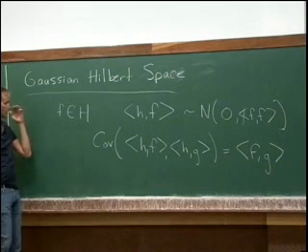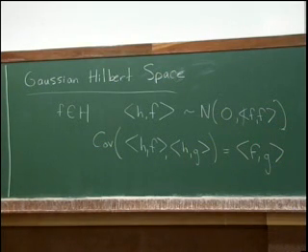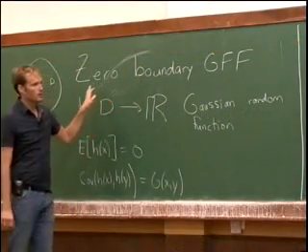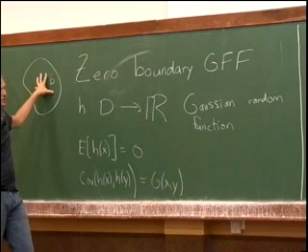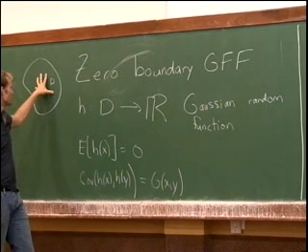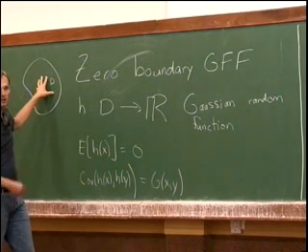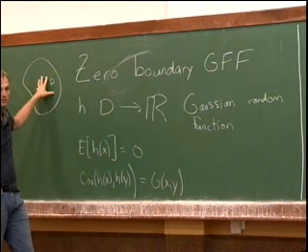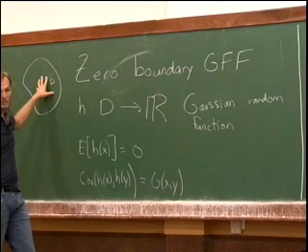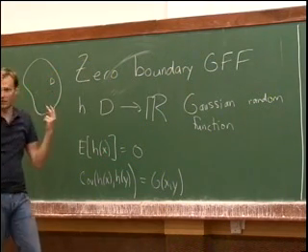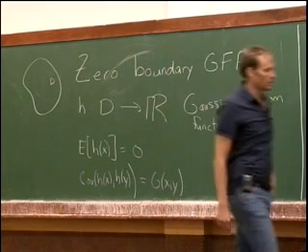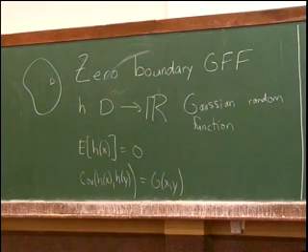So for the Gaussian free field, what you do is you just take a particular choice of the Hilbert space, right? Again with 0 boundary conditions, we'll stick to for now. So you look at the space of all smooth, compactly supported functions on your domain D. And then you take the Hilbert space closure of that, where the norm is given by this Dirichlet inner product. So we're always going to use this Dirichlet inner product.